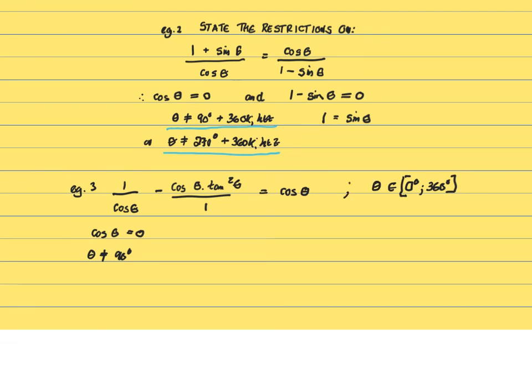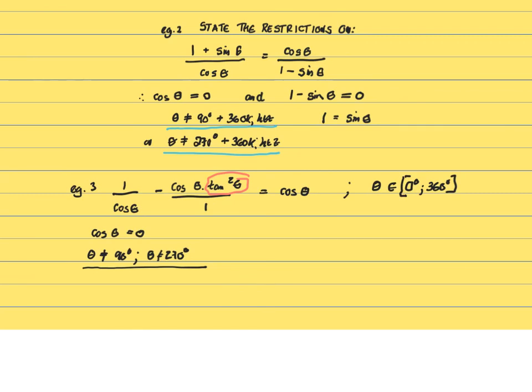So it's not allowed to be equal to 90 degrees, nor is theta allowed to be equal to 270 degrees. Okay, but in this here I've got tan. So remember, as soon as I've got tan, what do I know about tan? Tan is not allowed to be equal to 90 degrees or 270 degrees, which I've already got written there.